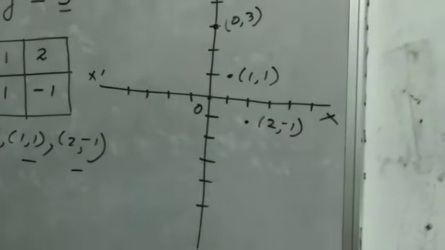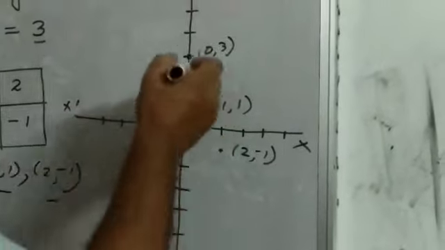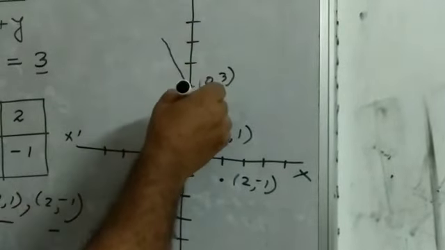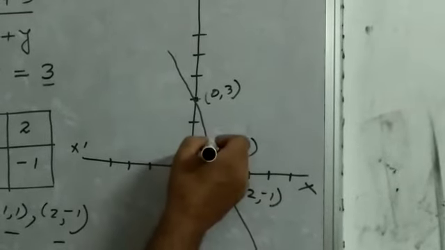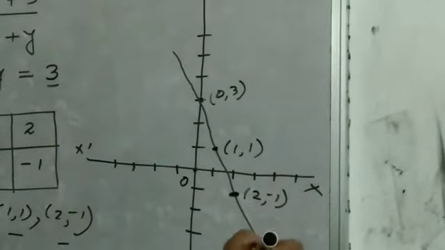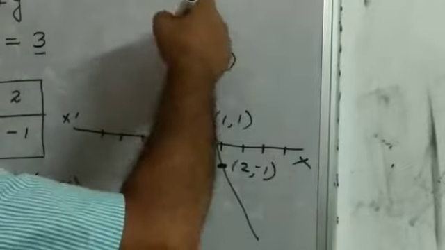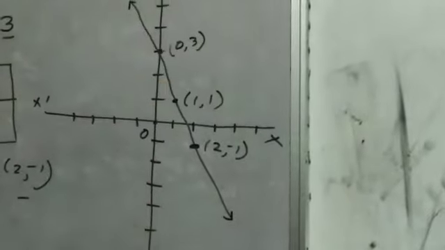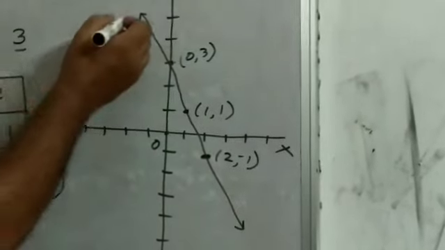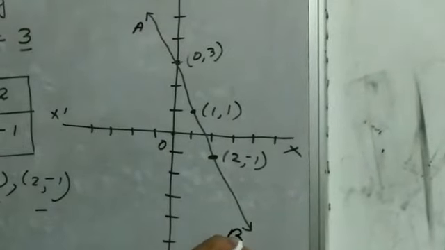So we plotted the points and now we join the points by scale. And we get a straight line. So here I have joined the points. It is not an accurate straight line, I have drawn the line by hand, but you should join the points by scale. Now suppose this line is AB.